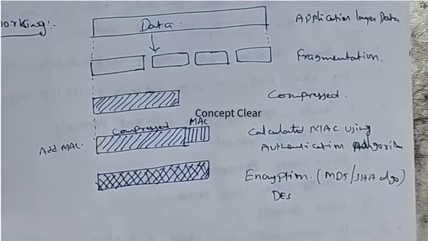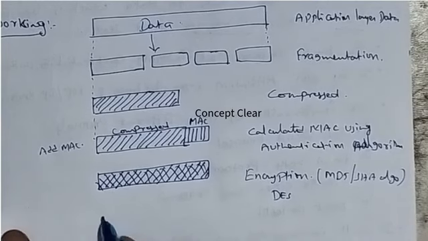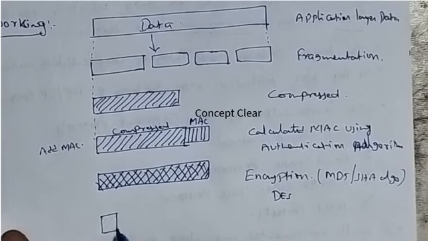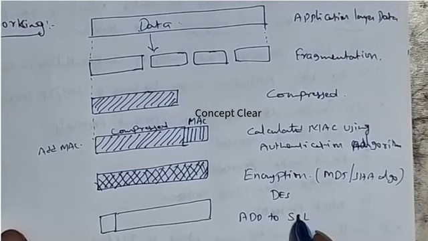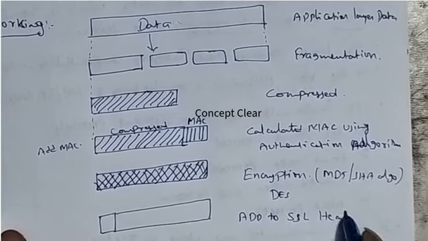In the next step, append the SSL record header. This encrypted data will be added to the SSL header. Here we add the SSL header.